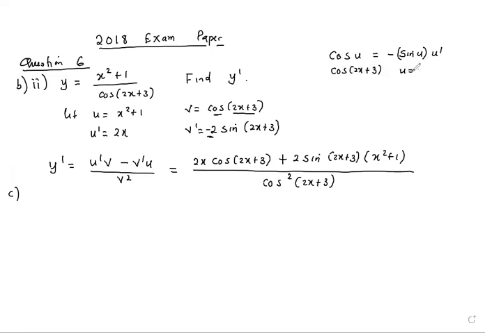So u is 2x plus 3, so u prime is 2. So the derivative of cos itself is negative sine 2x plus 3. When you differentiate the u, you get 2. You can write this as negative 2 sine 2x plus 3. That is where it comes from.